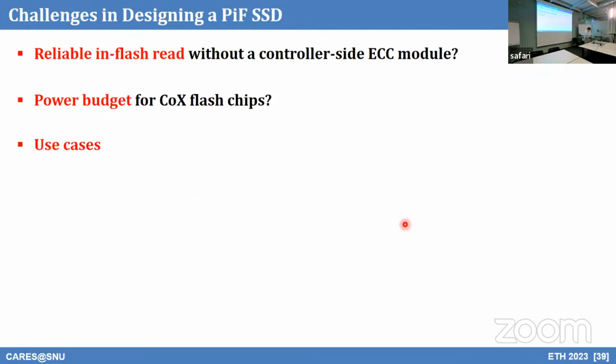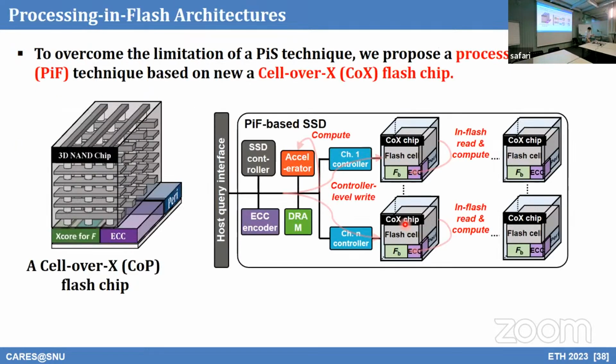So what are the challenges? One of the key challenges is that it becomes very difficult to read reliably inside the flash chip because, as you know, in an SSD there is an ECC encoder and decoder at the SSD controller level. When you sense data and move it here, you recover potential bit errors, then transfer to the host.